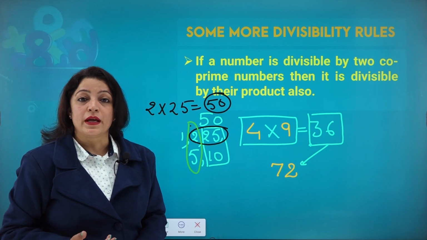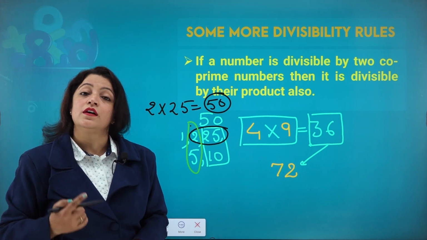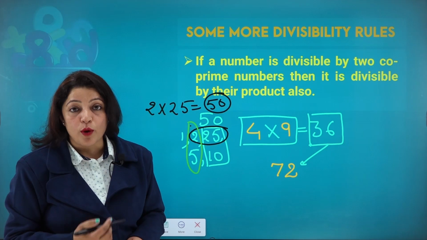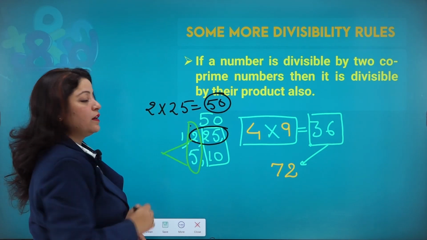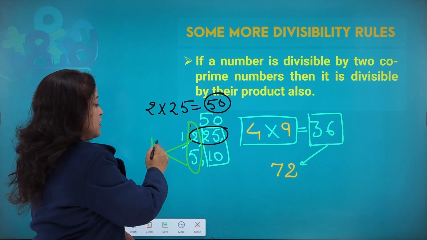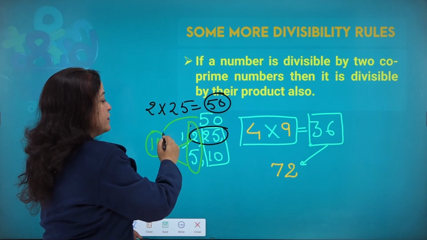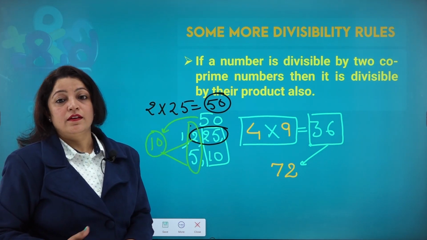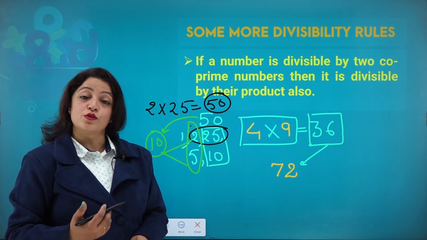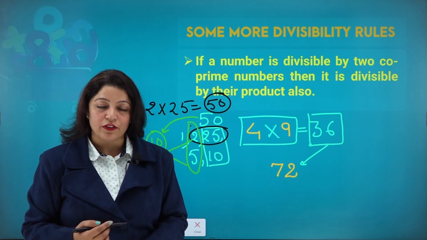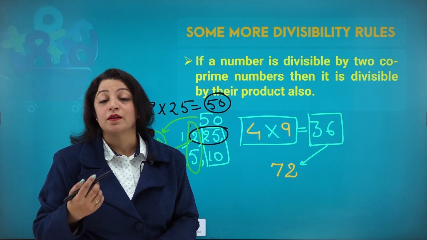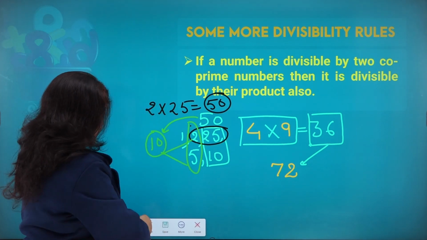Yes, they are co-prime because they have only 1 as their common factor. Their product is 10, so 50 is also divisible by 10. So I think this part is very clear: if a number is divisible by any two co-prime factors, then it will be divisible by their product also.